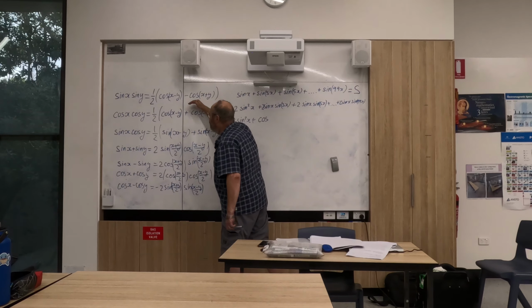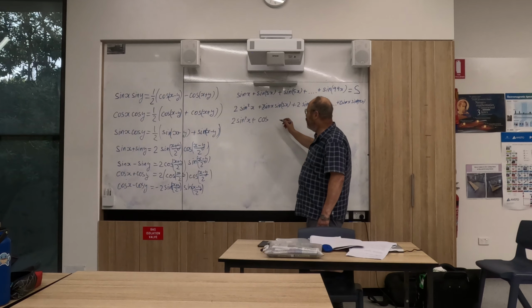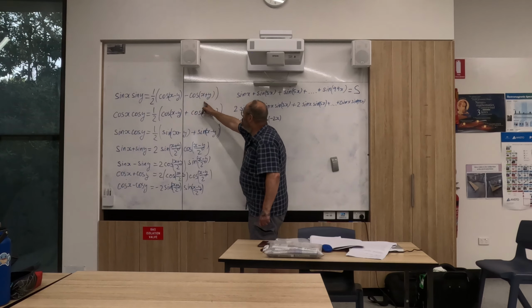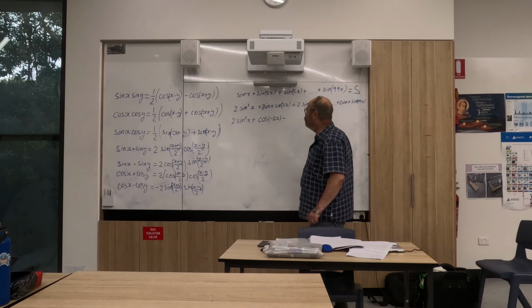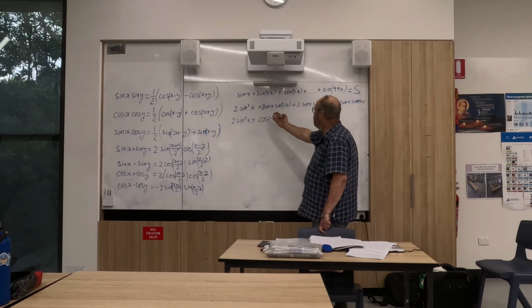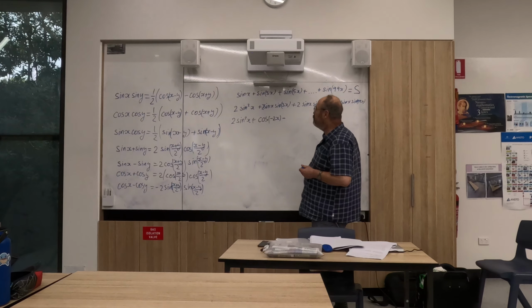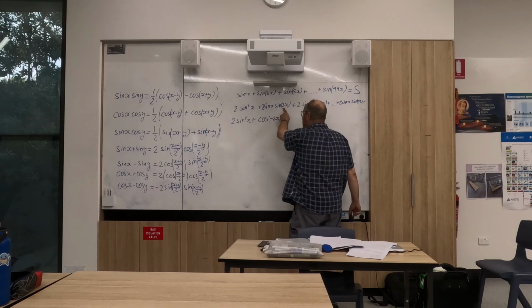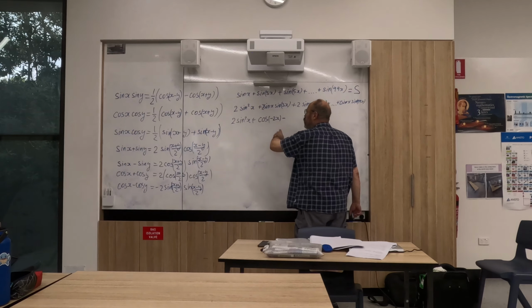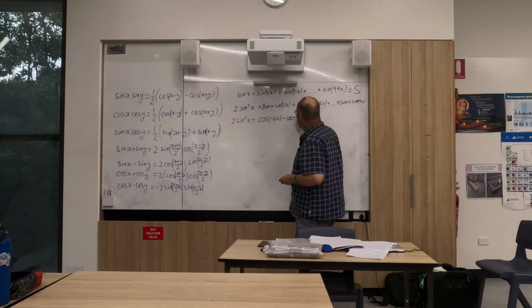Using the formula, we will have plus cos of negative 2x, minus cos of x plus 3x, which is 4x. It must not be divided by 2. So minus cos 4x.